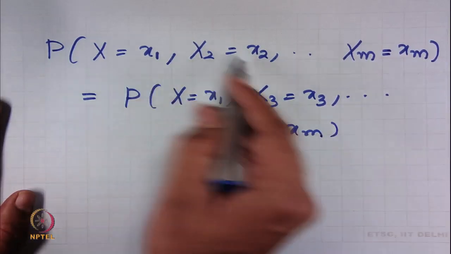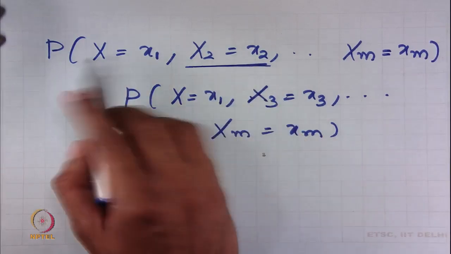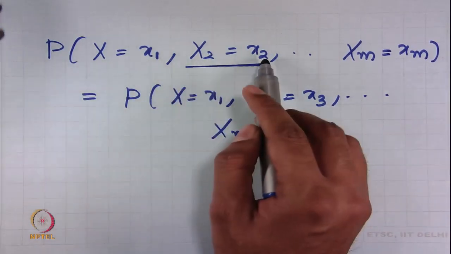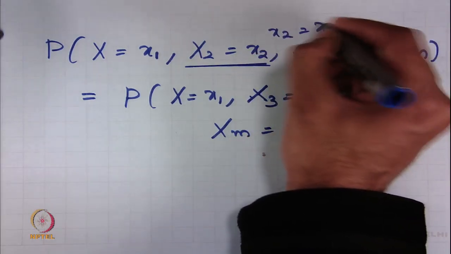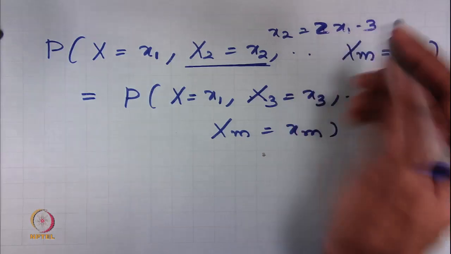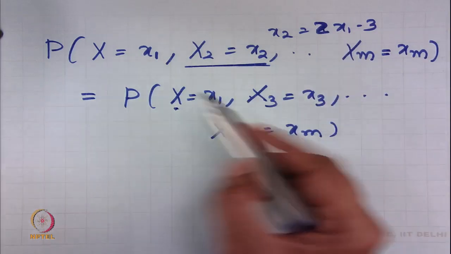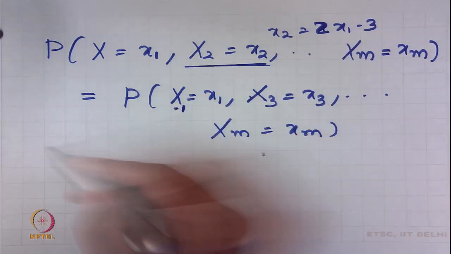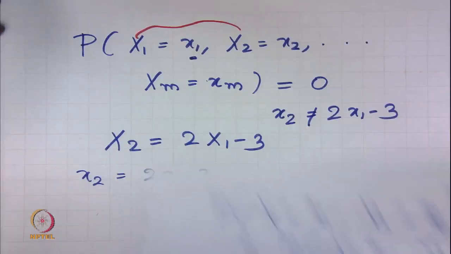So, what I am saying is this: the probability of x2 taking a value small x2, where x2 is 2 x1 minus 3, is 100% once you know that x1 has taken a value small x1. Let me put it here.